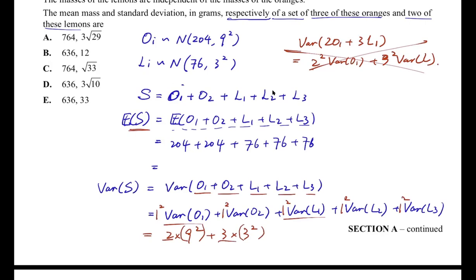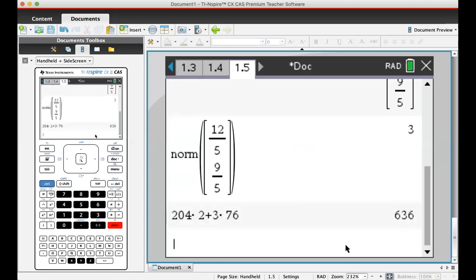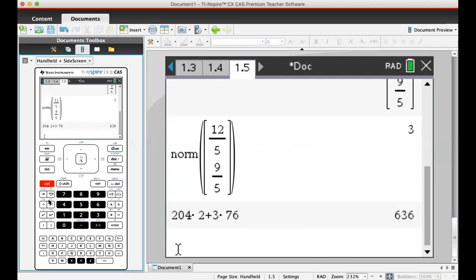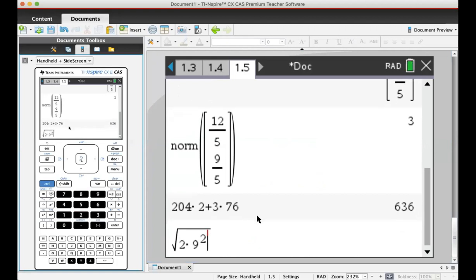Now, working with our CAS calculator, let's have a look. 204 times 2 plus 3 times 76 gives 636. How about the standard deviation? You need to take the square root of 2 times 9 to the power of 2 plus 3 times 3 to the power of 2.